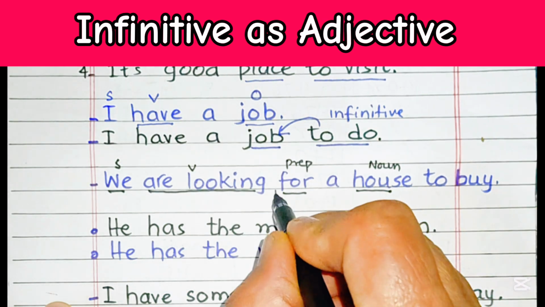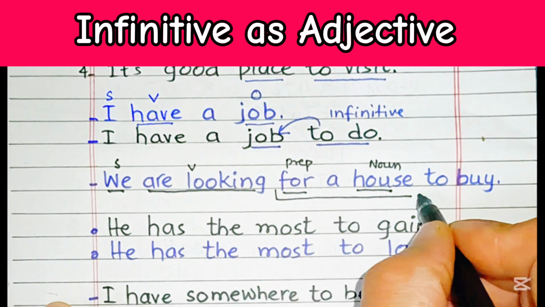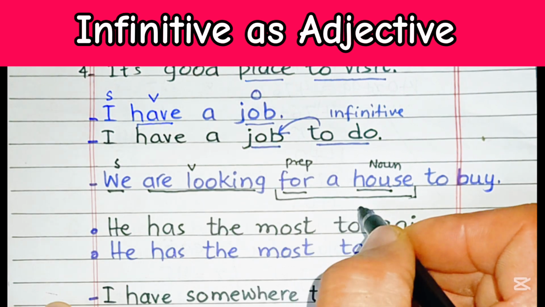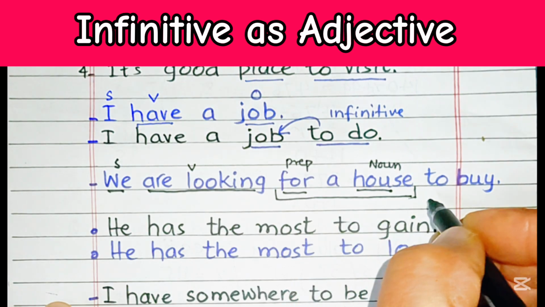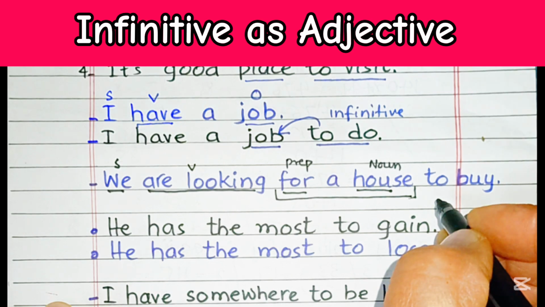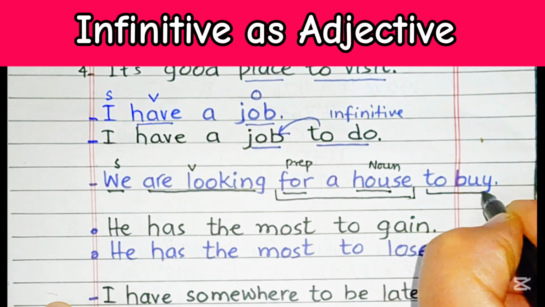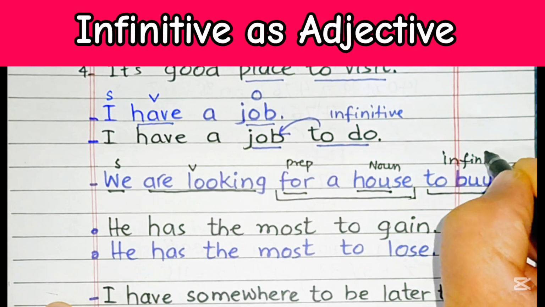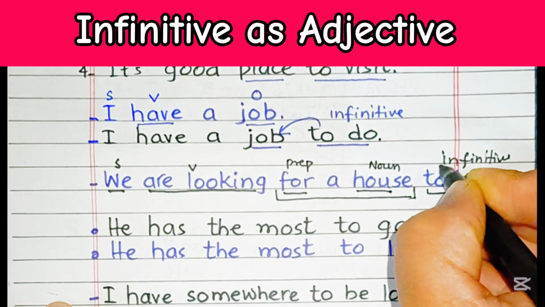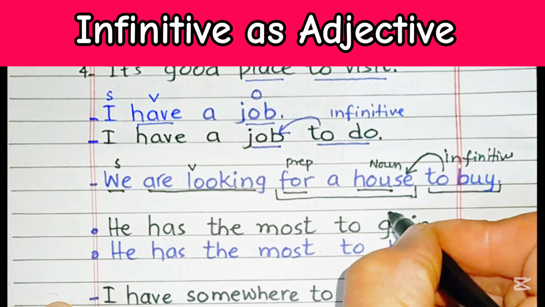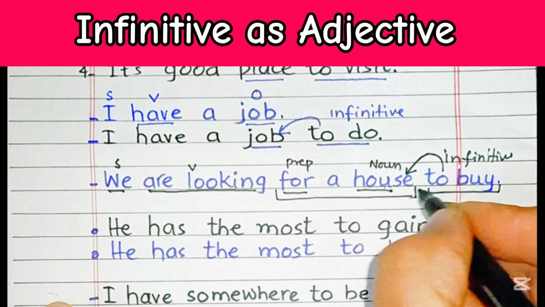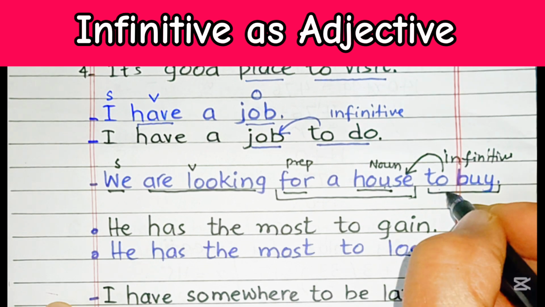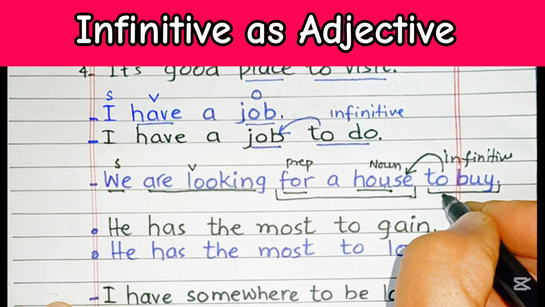This is a prepositional phrase, for a house. And to buy is the infinitive that describes the word house. So to buy is an infinitive that describes the word house. And house is a noun, so it becomes infinitive as an adjective.